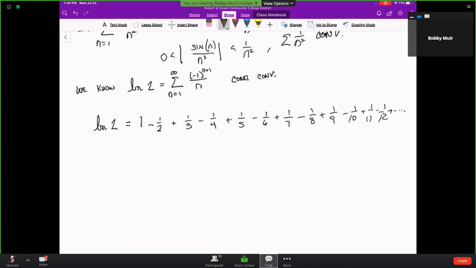So if I was to write down what 1/2 times the natural log of 2 would be, I would have a half right there.